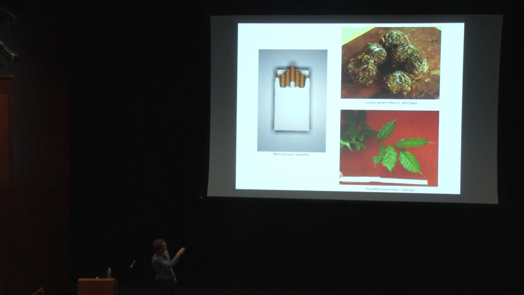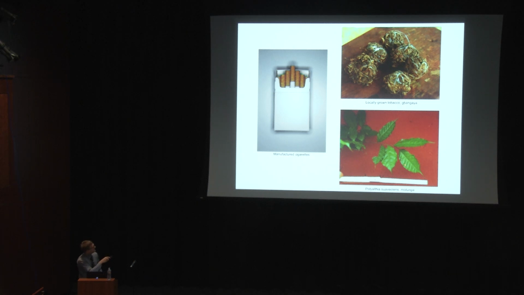I don't have a picture, I could have put one there, but it would have been of cannabis, which is something they're also smoking. And then what's really interesting is they have this local indigenous plant that grows in the forest. They take the leaves off of it right here. It's called motunga. The Aka also have it, the Baka also have this plant, and they call it botunga.